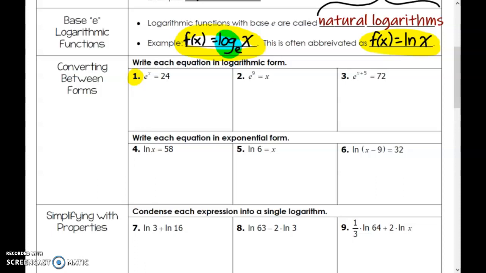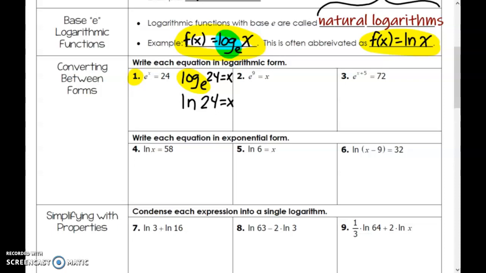If we rewrote this, we could see this as log base E of 24 equals x, which we're going to change into the natural log of 24 equals x. And that's something we could actually plug into our calculator. Our calculator has a natural log button, so that's something we could solve for.